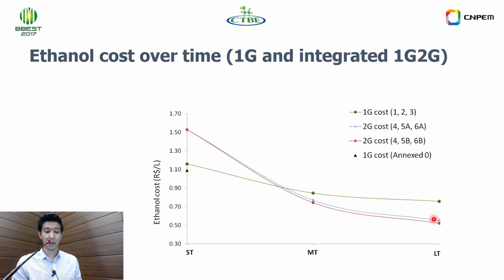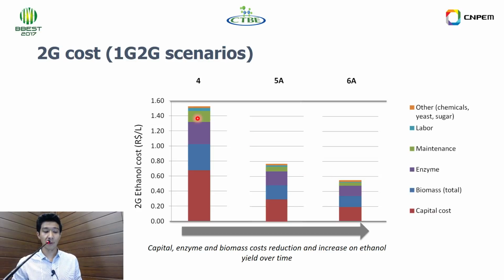This would be possible. So when we look at the cost breakdown of just second generation cost, we can see that we still depend mainly on the investment. The capital cost, which means pretreatment and hydrolysis, represents the major part of second generation cost in Brazil. The second contribution comes, of course, from biomass and then enzymes, and also expenditures with maintenance, which depends on the investment.